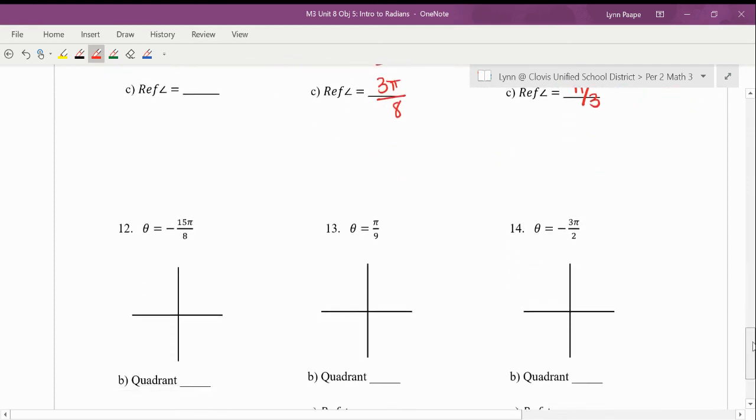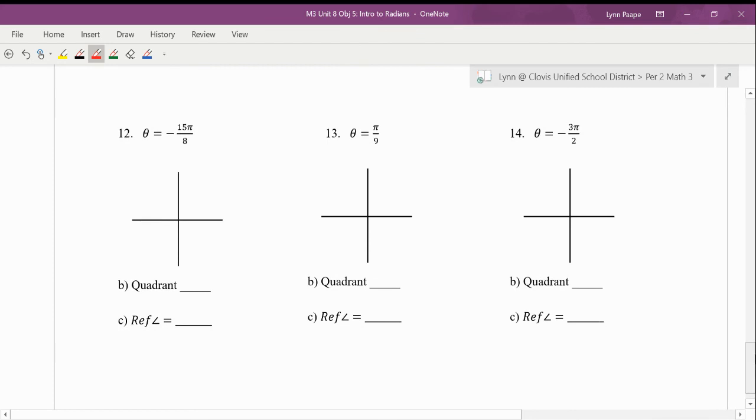Okay, so we're going to do 2 more here. So let's take a look at pi over 9 we'll do. So we'll skip another negative, so we'll do 13 and 14. Okay, so pi over 9. We're doing a positive rotation, so that would be 0. And then over here, this is 1 pi, but we want a common denominator of 9.